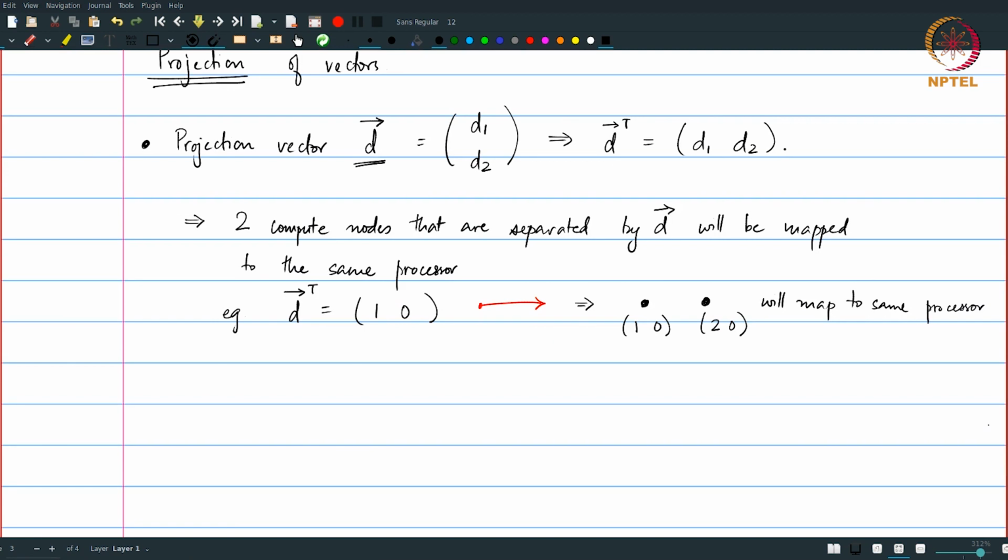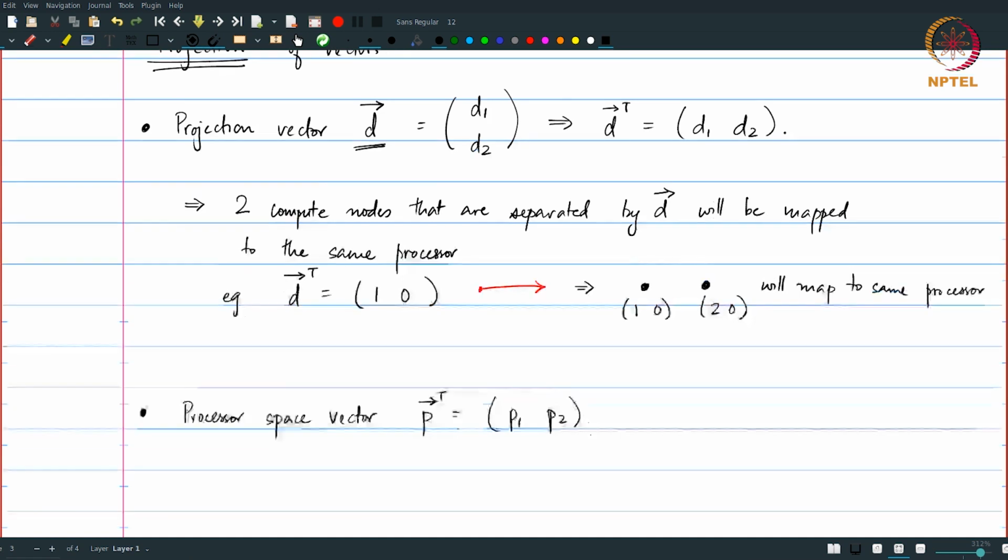Okay, so now that we have this projection vector, we can essentially define something called a processor space vector. And this processor space vector once again will be of the type P1, P2 in this case.